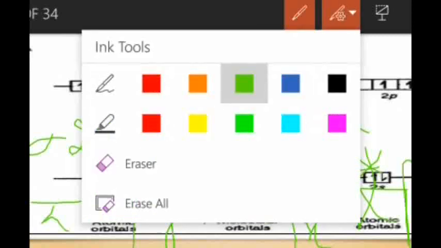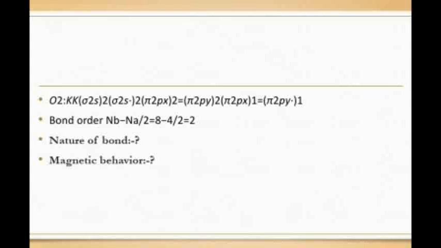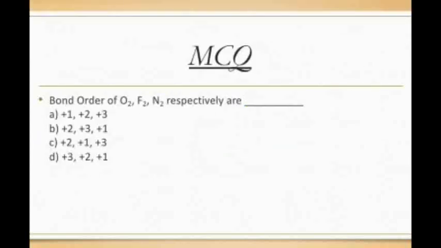Understand, this is the electronic configuration, and the bond order we already discussed is 2. For the nature of bond and magnetic behavior, please tell me in the comment box what you get for oxygen.